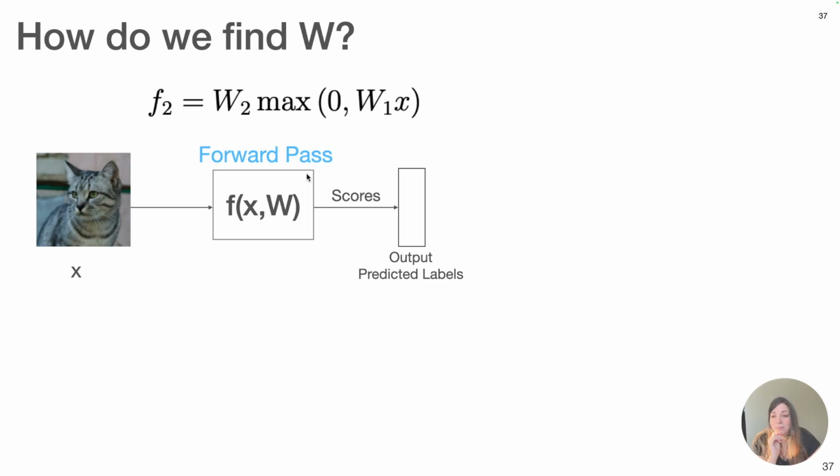Just a bit of terminology, computing this is usually called the forward pass. Sometimes you also compute a bit more than this, but this is usually the forward pass. But initially, when you first start your algorithm, you're going to choose W1 and W2 randomly.